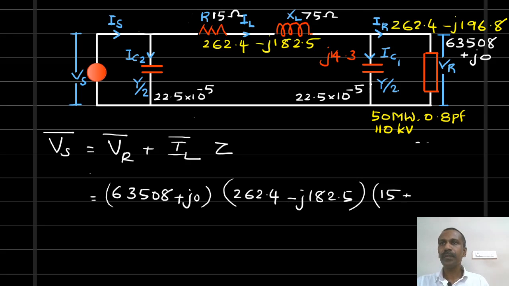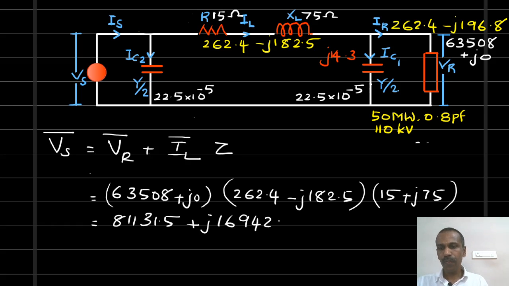It is 15 plus J 75. So this is equal to 81131.5 plus J 16942.5. This is our sending end voltage.